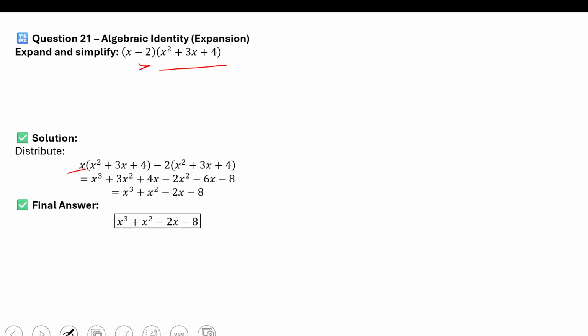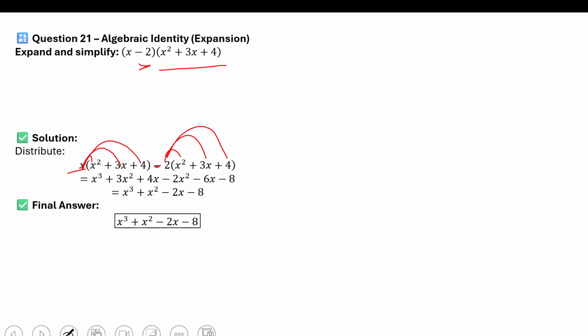So I expanded, so I'm having it as x times x squared, x cubed, x times 3x, 3x squared, x times 4, 4x. Then minus 2 times x squared is minus 2x squared, minus 2 times 3x is minus 6x, and minus 2 times 4 is minus 8. Notice how the minus outside here opens up everything here and became minus, minus, minus, right?